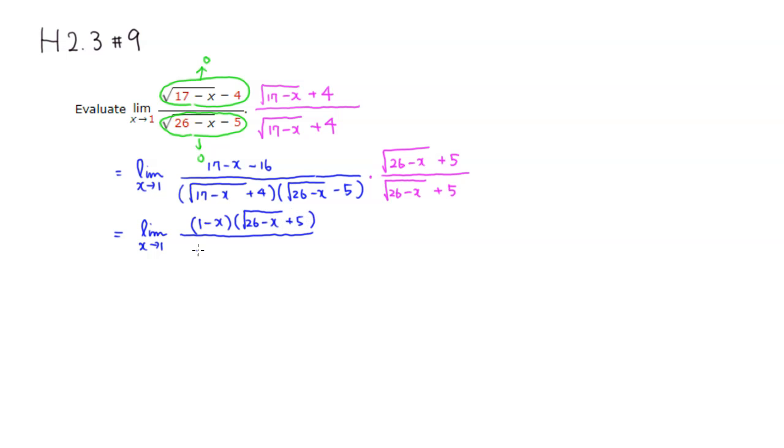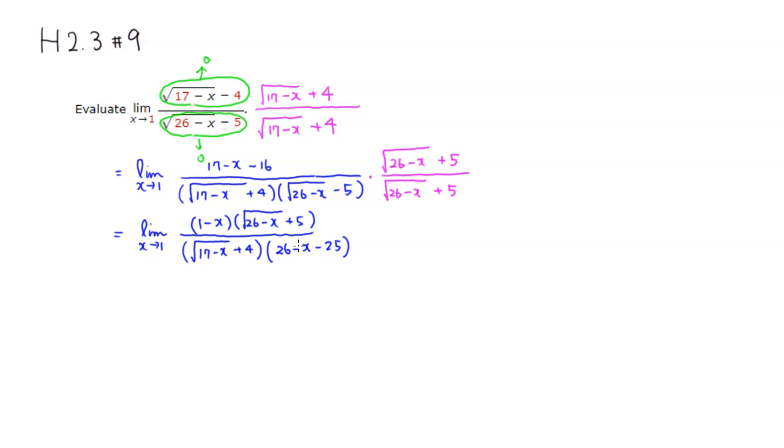The denominator still has square root of 17 minus x plus 4. But when you multiply a minus b times a plus b, you get a squared, which is 26 minus x, minus 5 squared, which is 25.